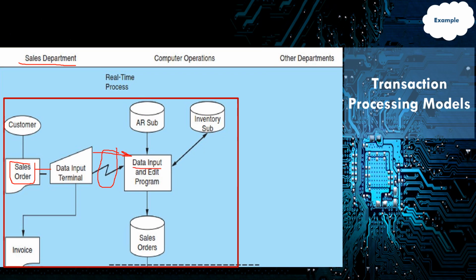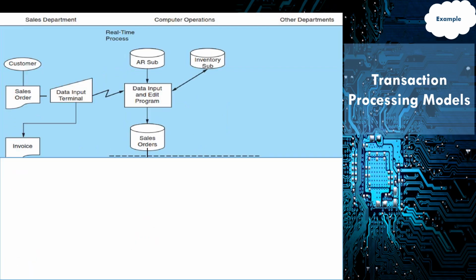Okay, so data input and edit in the program. You see that at the same time it's editing the data and updating it. So we also get the accounts receivable subsidiary file and inventory subsidiary file at the same time, to update the sales order file, and if you notice, at the same time we create the input, it also generates the invoice accordingly.